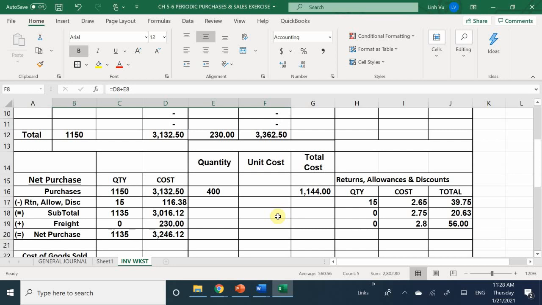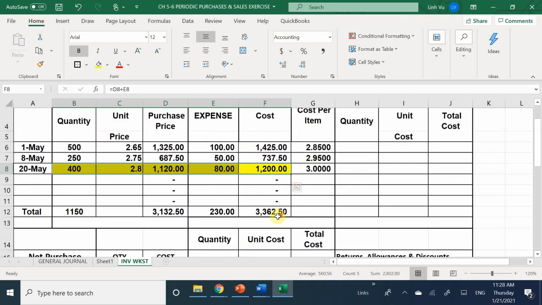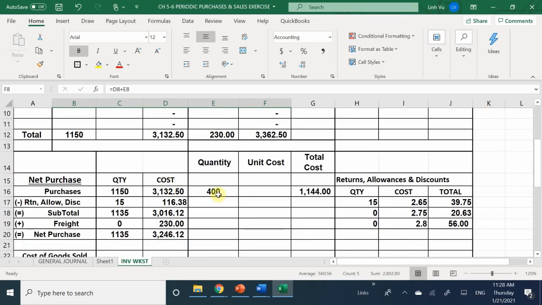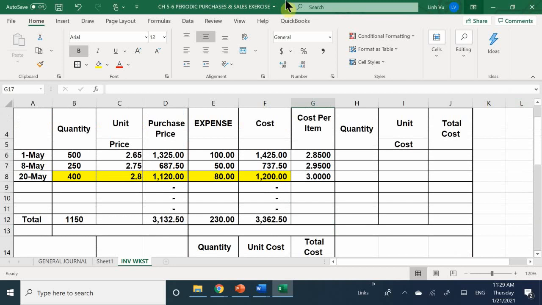Yes, we do have all 250 items. However, what happened here? We got a 15% discount off of that. So in this case, I have to make that adjustment to the total amount and redefine the cost per item.